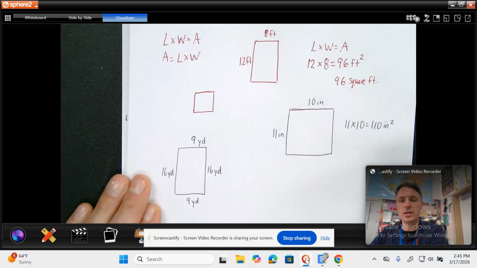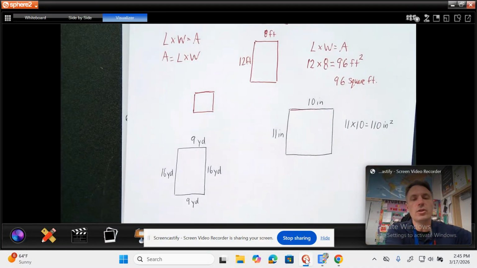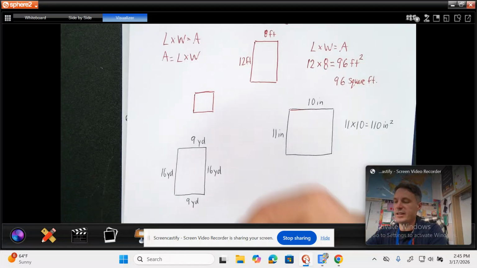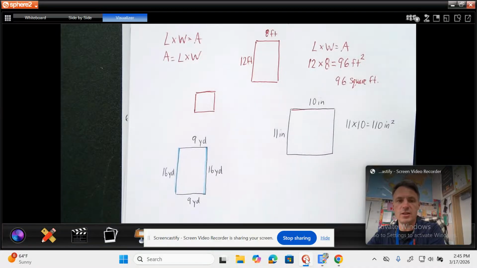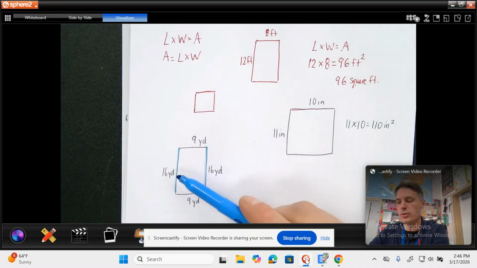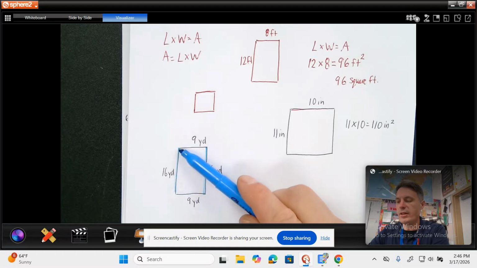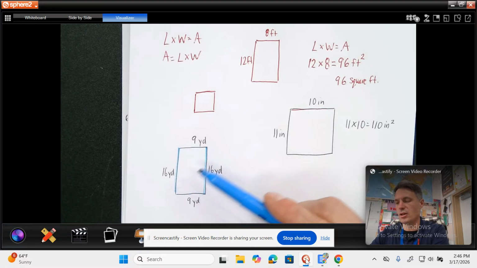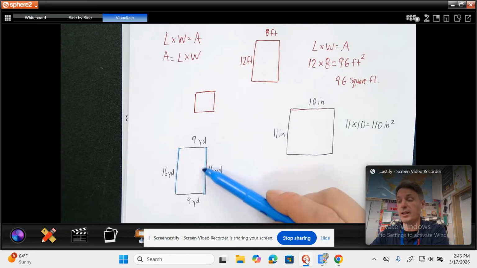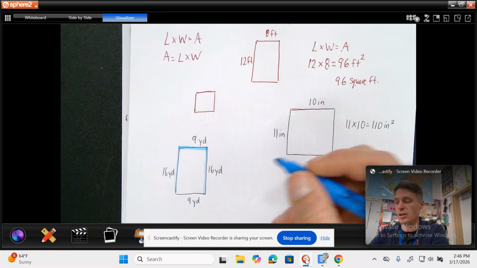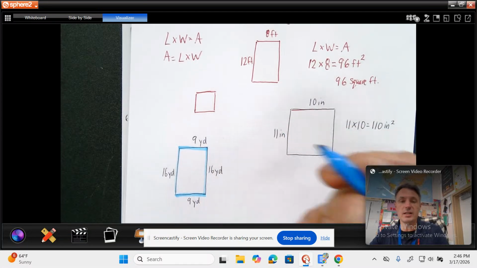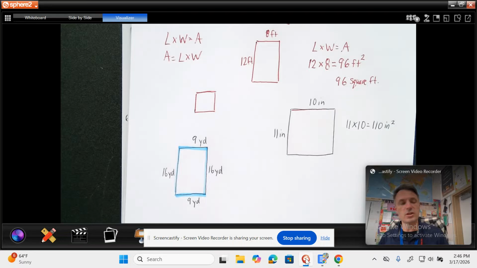Sometimes they'll give you the distance all the way around. Now, you can obviously already see that this line and this line are the same length as each other. So sometimes they'll just only give you two numbers, because in telling you that this side is 16 yards, they're also telling you that this side is 16 yards. And in telling you that this side is 9 yards, they're also telling you that this side is 9 yards too, because those sides of a rectangle are parallel and congruent with each other.